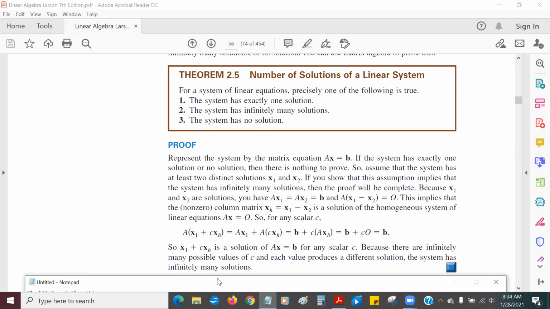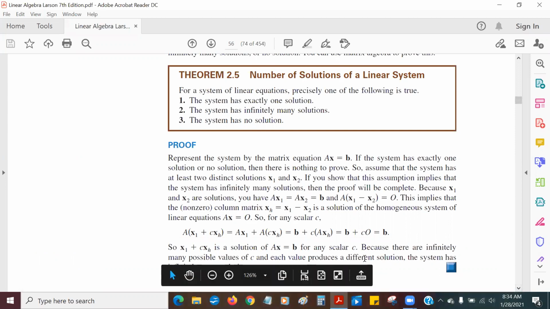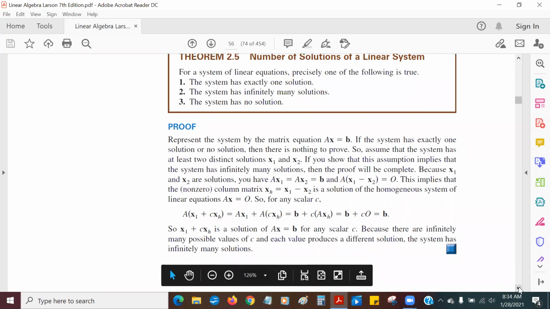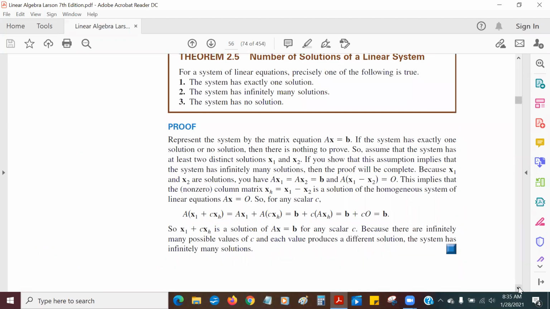And that's really what we're saying here. Just look at what it says: x1 plus cxh. Let me just raise this up here. x1 plus cxh is the solution of Ax equals b for any scalar c. And there are an infinite amount of scalars out there for c, and therefore there's an infinite amount of solutions to the system.